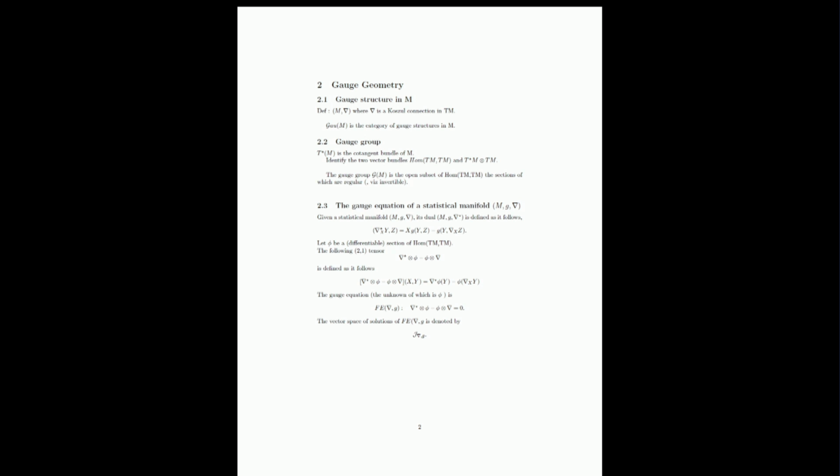Now, a Jet structure on a manifold is only a connection. It is the tangent space with a connection, or a Koszul connection, or linear connection.